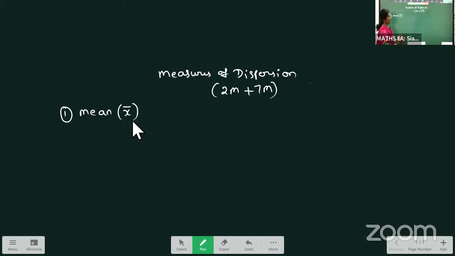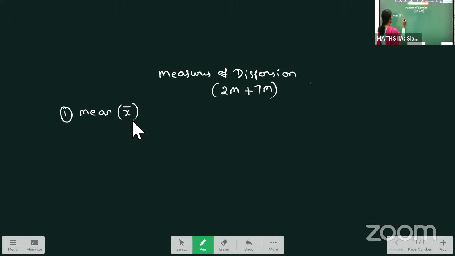Everybody knows what is grouped data and what is ungrouped data. If you have only observations, that's called ungrouped data. Along with the observations, if you have the frequency, that comes under grouped data. So simply you can say that if you have a single piece of information, it is ungrouped. If you have more than one piece of information, it is grouped data.